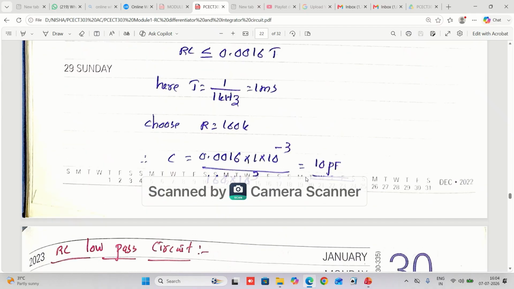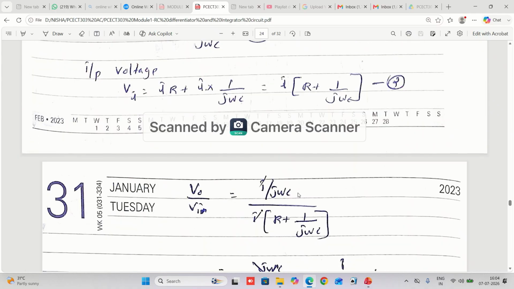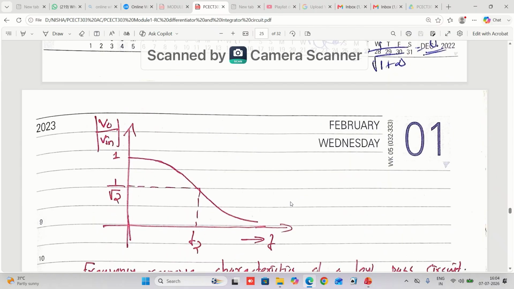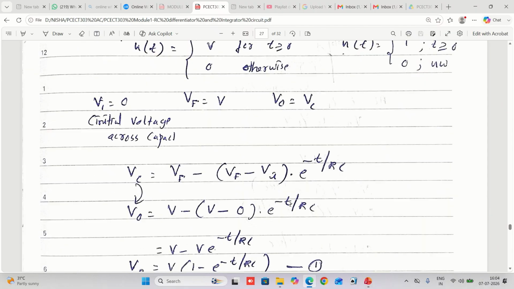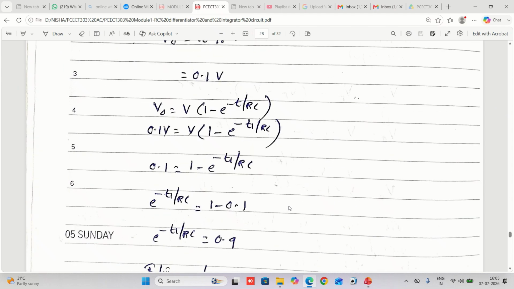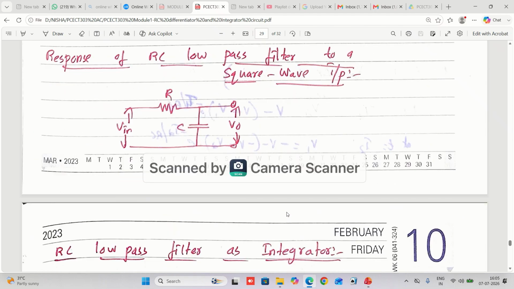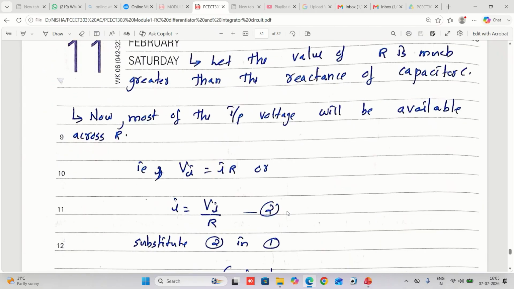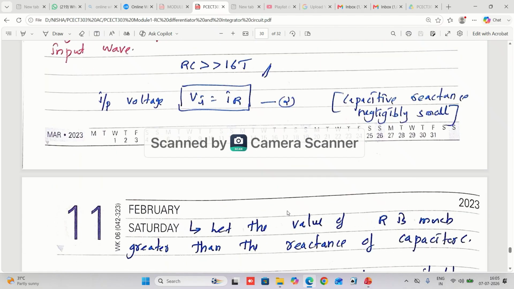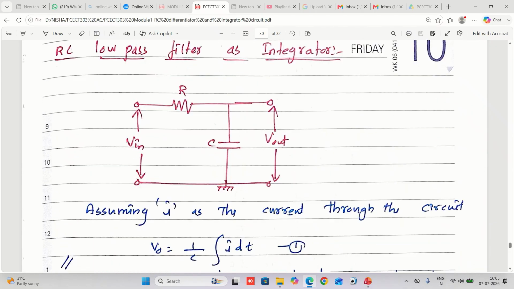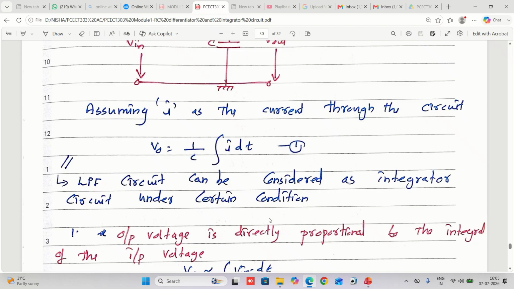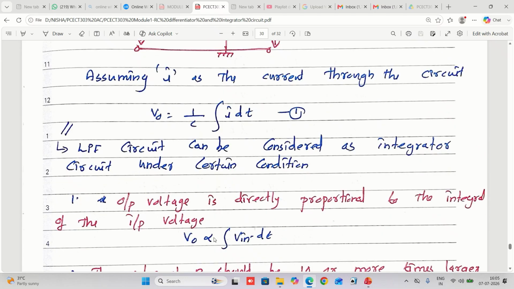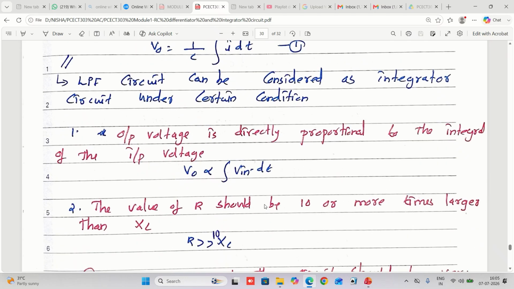So we need to check the conditions for the RC circuit to act as an integrator. The RC circuit acts as a low pass circuit, which we already discussed. In the case of an integrator, the output voltage is equal to 1 by C integral I dt, and the output voltage is directly proportional to the integral of the input voltage Vin dt.